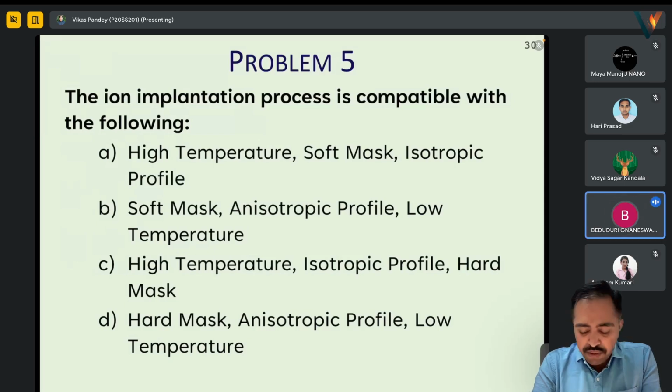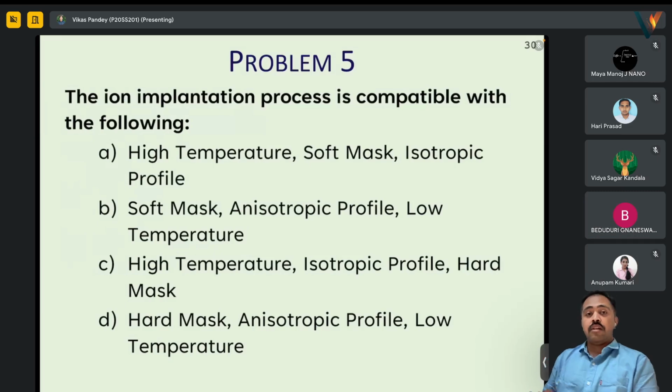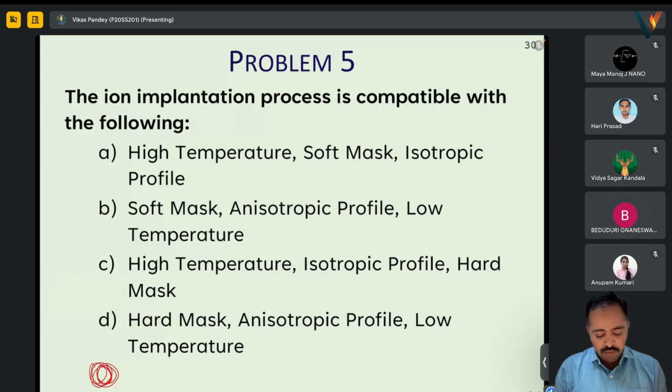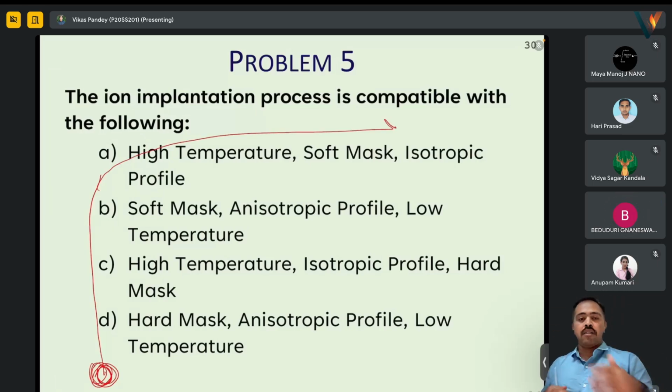I think in the previous class I saw that the ion implantation setup is not very small. It is big, like you can say a big hall is required for it. The starting point is here, the beam will go, then it will deflect and go. So this whole thing is very big.